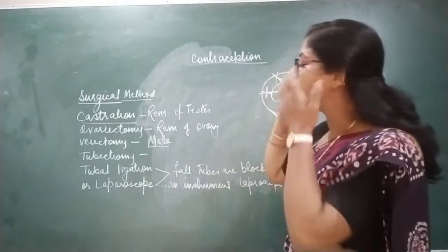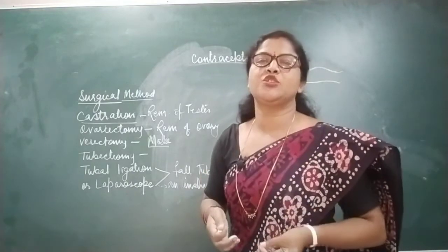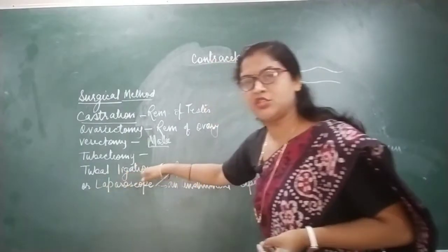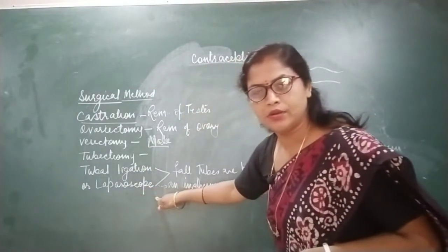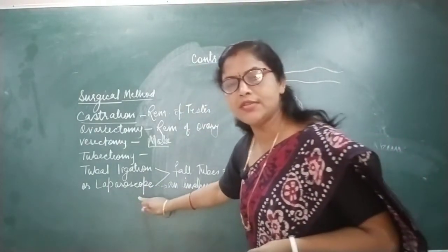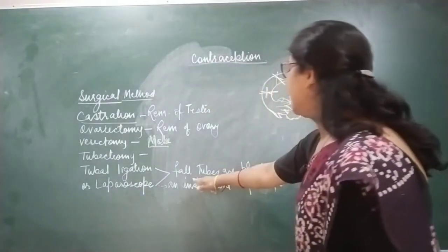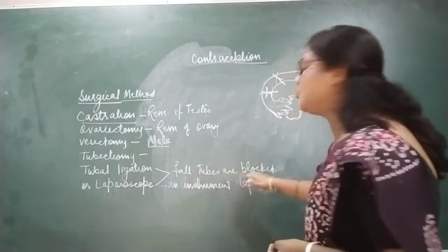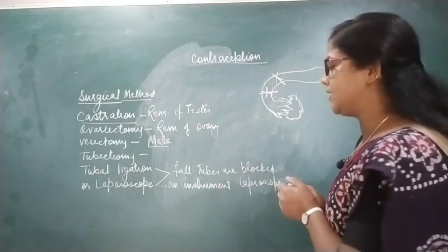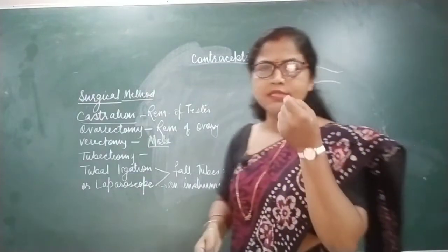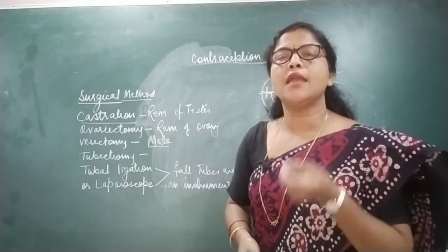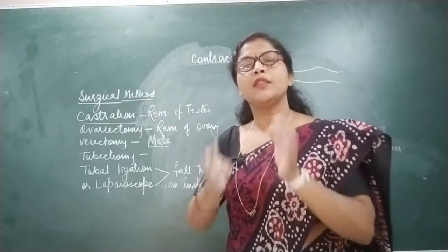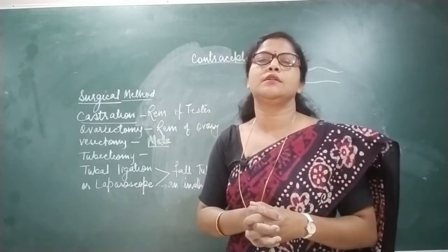The fifth one is known as tubal ligation, or you can say laparoscopy. What is done in this? You know, in this actually the fallopian tubes are blocked. In this process, with an instrument called laparoscope, the fallopian tube is blocked.